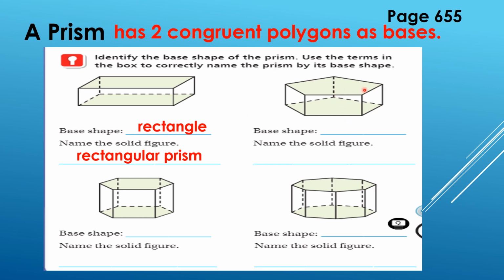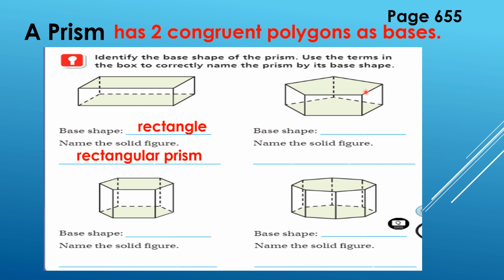I want you to focus very well on the upper base and the lower base, the shaded part. They are identical. They are congruent polygons. And we studied this polygon before. Focus very well on the shaded part and count the sides. 1, 2, 3, 4, 5. It's a 5-sided polygon.